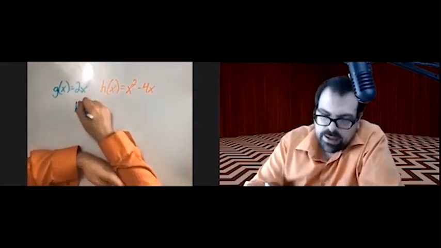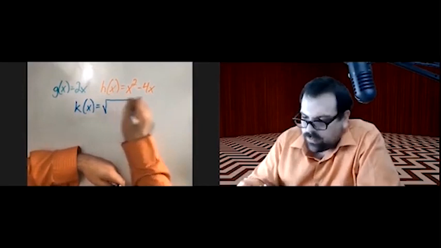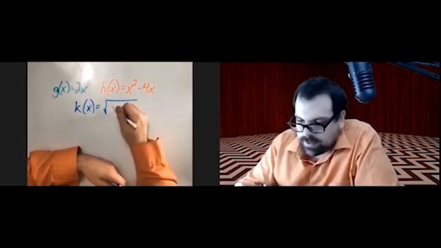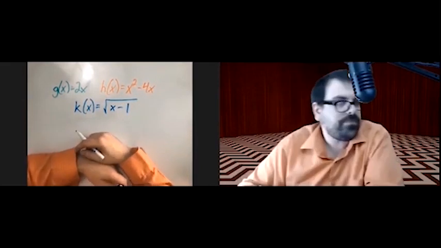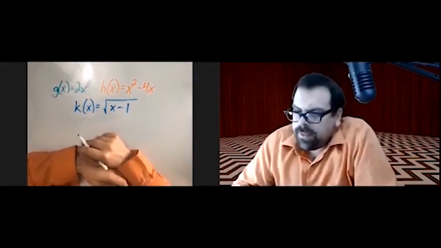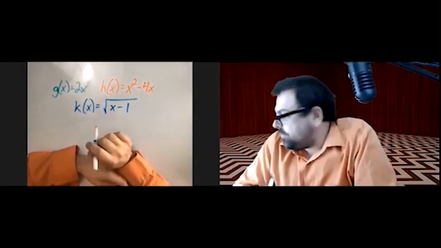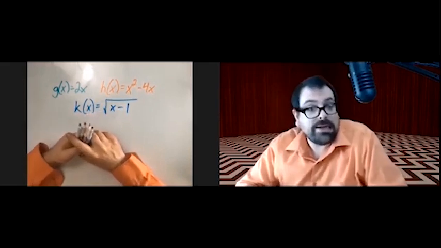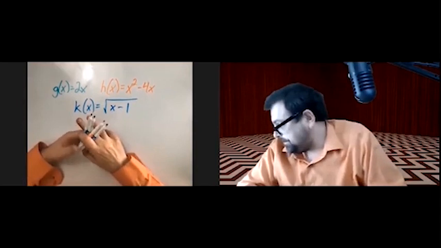And k of x equals the square root of x minus 1. These are the functions we're going to use to talk about determining domain of a resulting function.